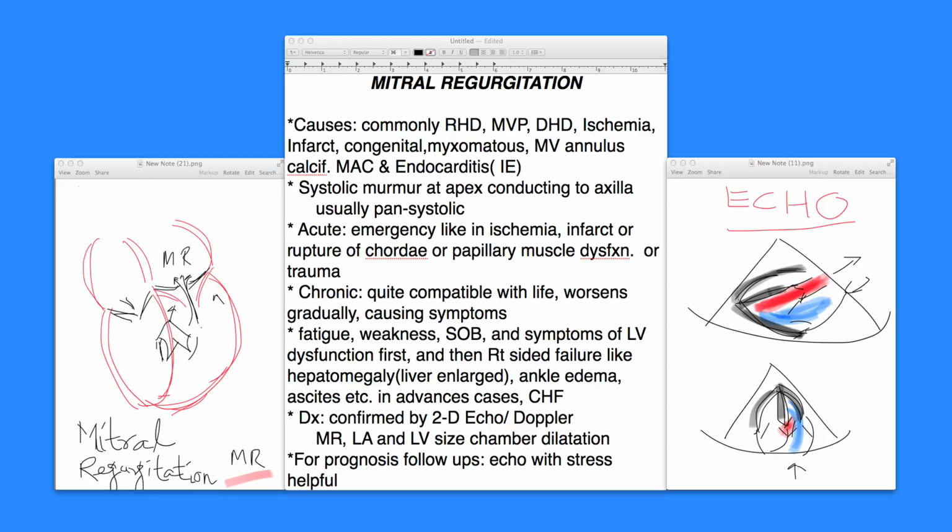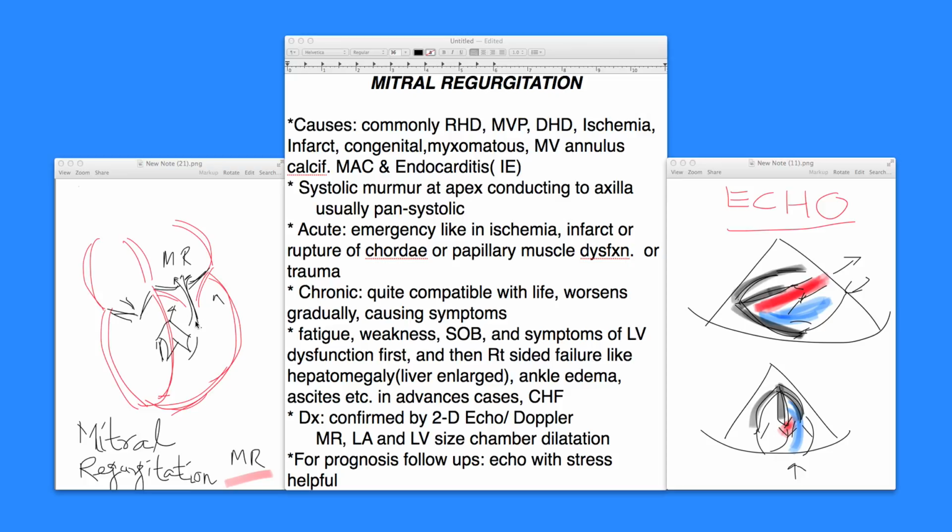The ischemia and infarct. Now, when there is a heart attack occurring, or there is unstable angina, we call it, or acute coronary insufficiency, where some of the muscle walls are weak, or there's an infarction, that means some portion of the myocardial wall has been damaged by an abrupt cut off of blood supply, and a portion of the chordae may rupture as a result, or a papillary muscle may rupture.